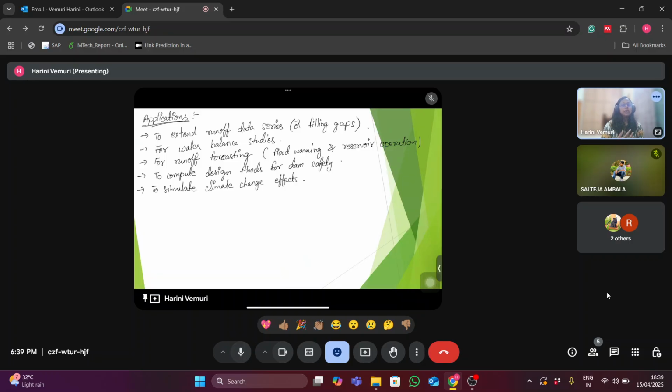So once we have a calibrated hydrological model, and since we know how the precipitation and temperature will behave in those scenarios, using those as inputs, we can understand how the runoff is getting affected because of climate change in the basin. Soil moisture and all these kinds of things we can analyze using a hydrological model.